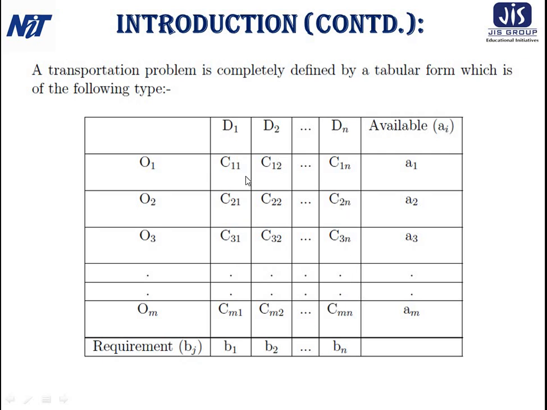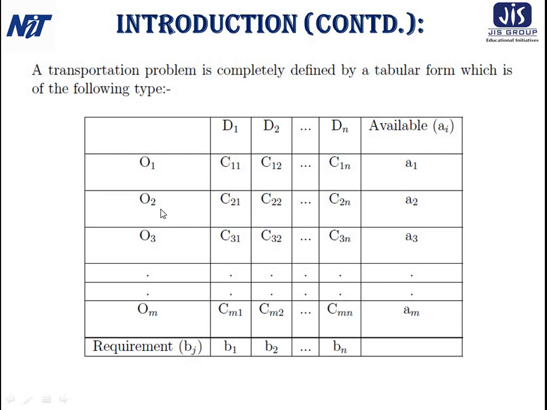And here, in the matrix, Cij are given. Cij means, for example, C11. That means this is the transporting cost if we supply one unit from origin O1 to destination D1, then the corresponding cost is C11. If we supply one unit from origin O1 to destination D2, the corresponding cost is C12.